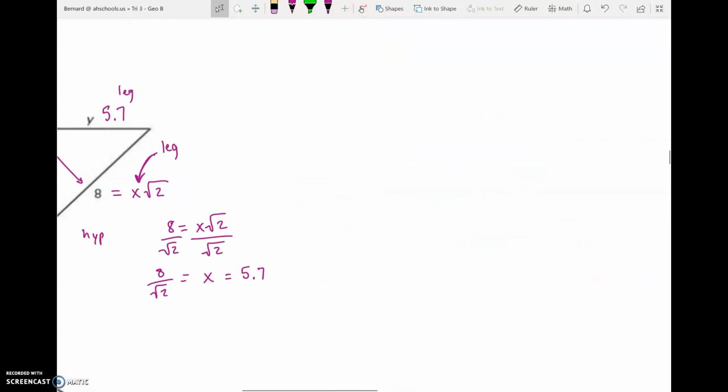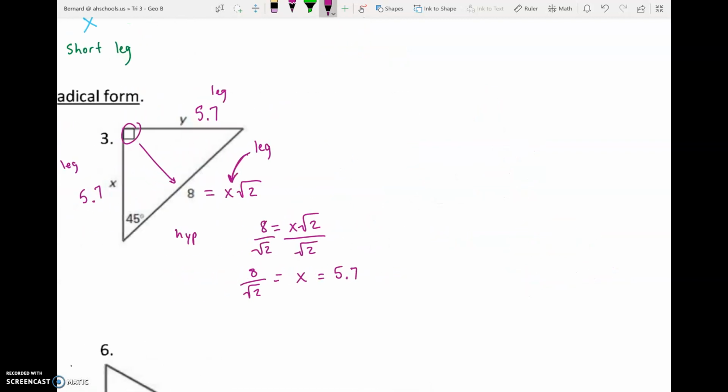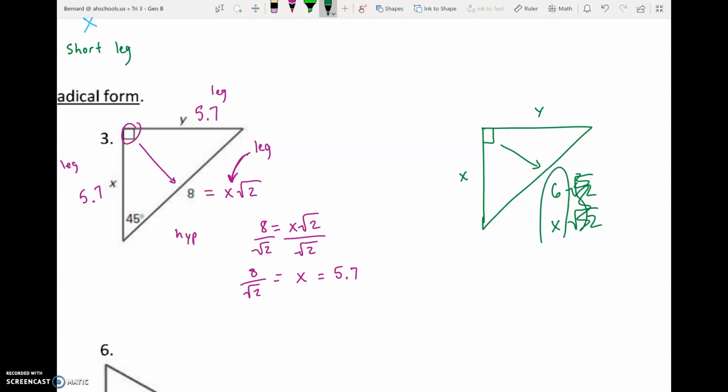Now, I want to give you an easier version of this kind of problem too. We could easily set this up like this. And I say this is x and this is y, and I say that our hypotenuse is, let's say, 6 root 2. Well, remember, normally the hypotenuse is usually x root 2. And so since the root 2 is already there, right, that kind of cancels each other out, meaning our x is simply just that number that's in front of the square root of 2.